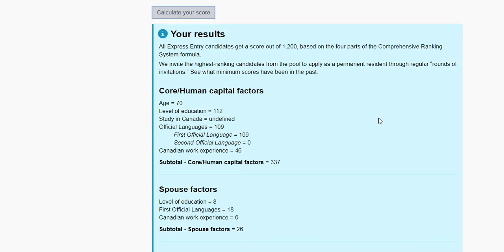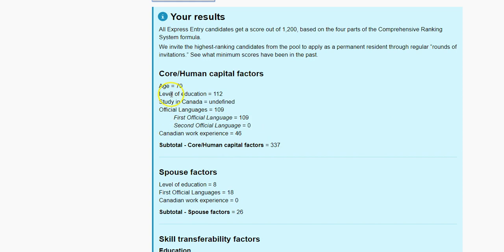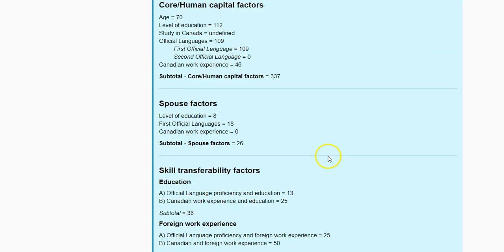So let's go down again, and you can see here the core human capital factors, with all these factors, we got 337. Under the spouse factors, we evaluate the level of education, the first official language, the Canadian work experience. I got only this number of points, 26.